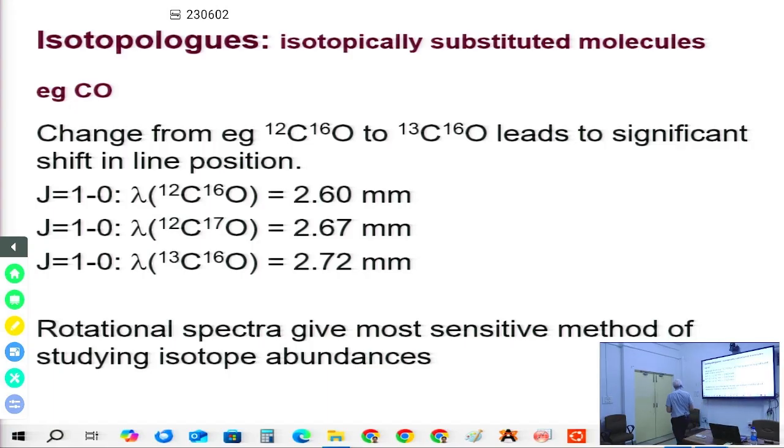So if you go from carbon 12 to carbon 13, you can see that you get changes at the 3% level, something like that, 2% level. So it's quite significant. So there are 3 different isotope modes. And this, as I said already, gives the most sensitive method.